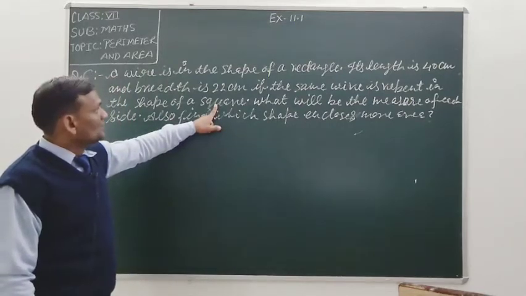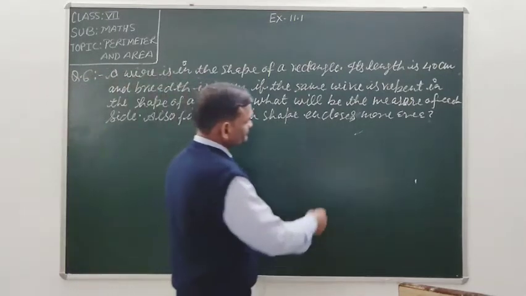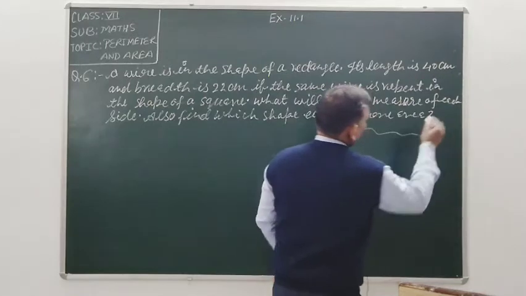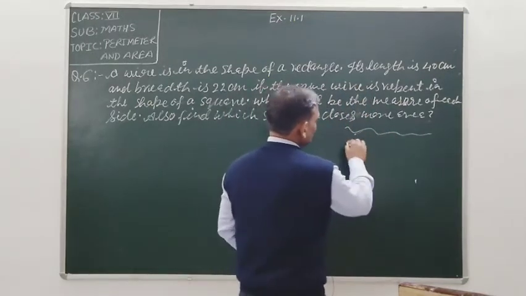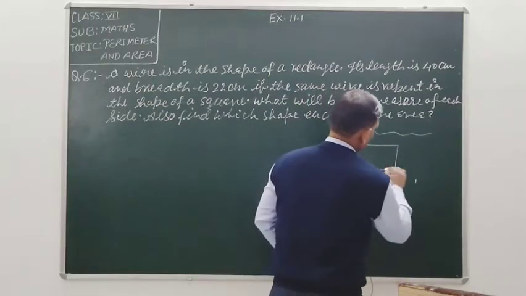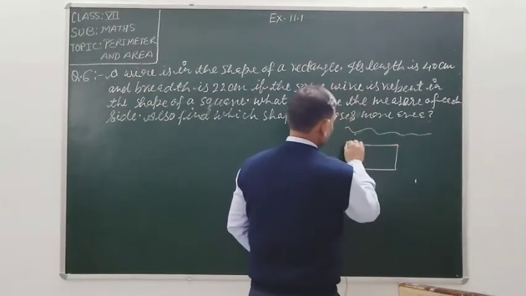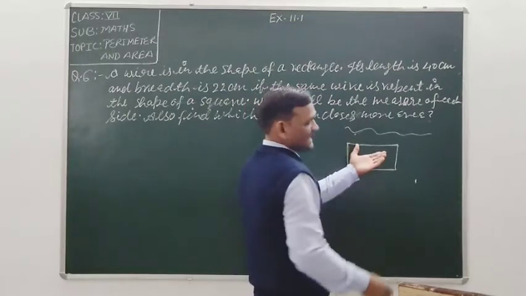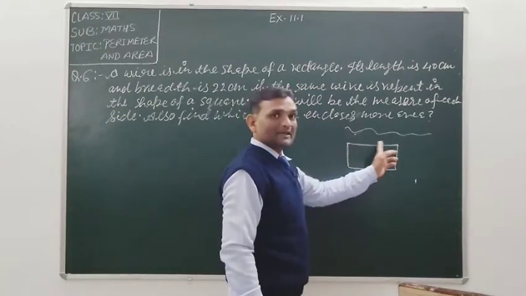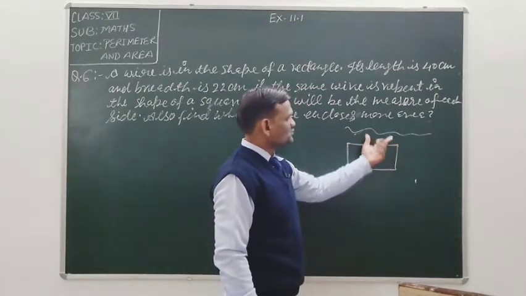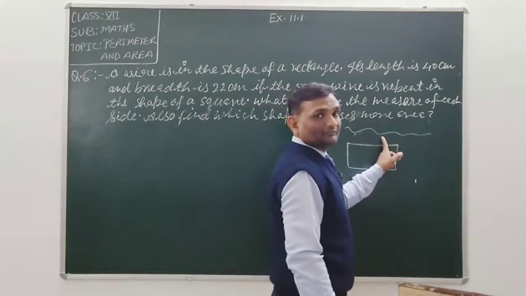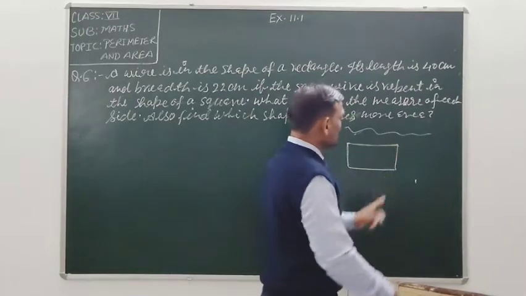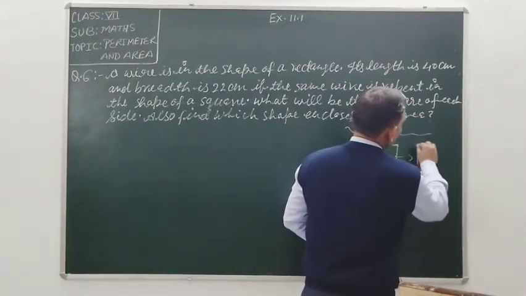So student, suppose that this is the wire and by this wire we are bending this wire and we are making the rectangle. The side of the rectangle is made by this wire, and by the same length of the wire, we are making a square also.